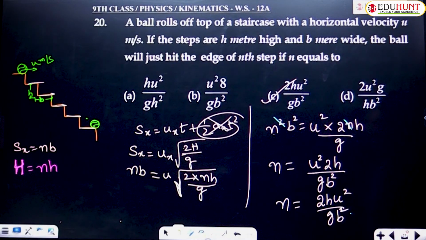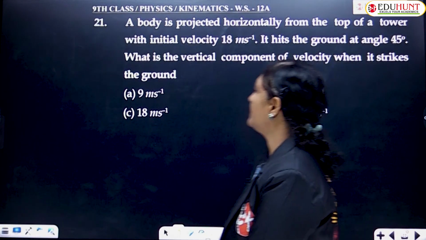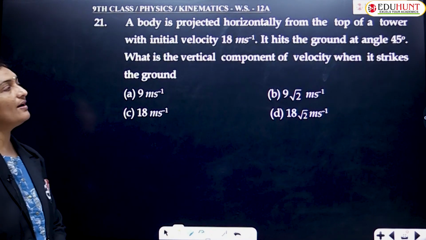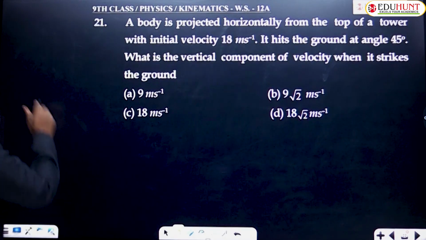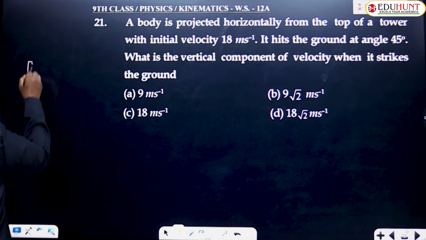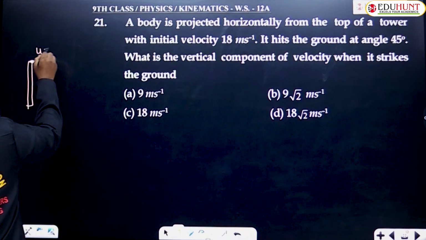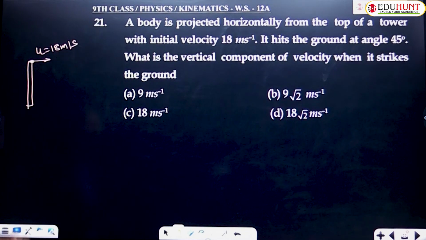Is that clear, children? Well, moving to the next question, question number 21. A body is projected horizontally from the top of a tower with initial velocity 18 meter per second. It hits the ground at an angle of 45 degrees.